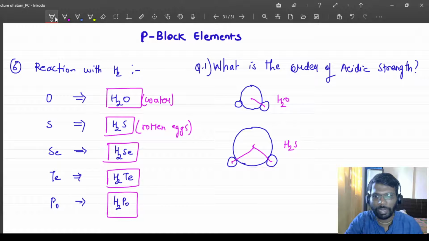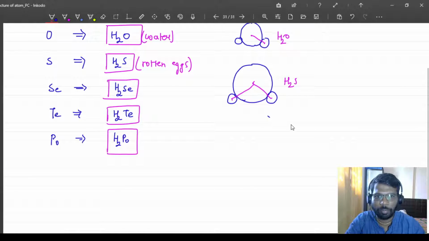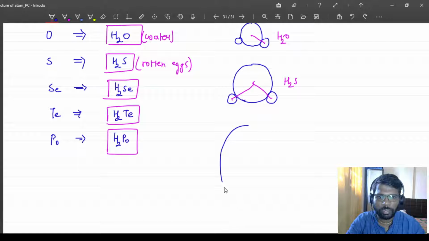Then the third compound, I can represent selenium like this, H2Se, with a still bigger size of the selenium atom.